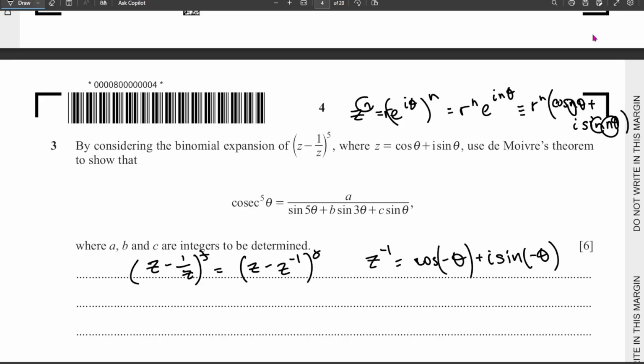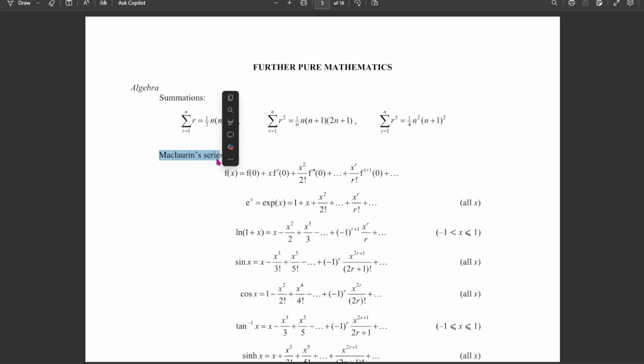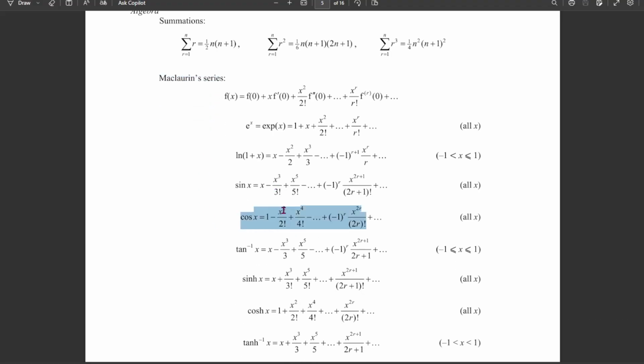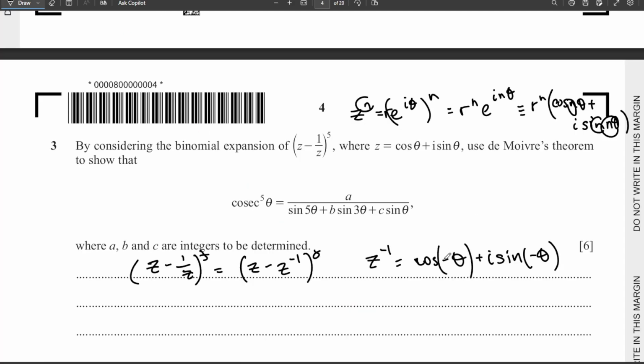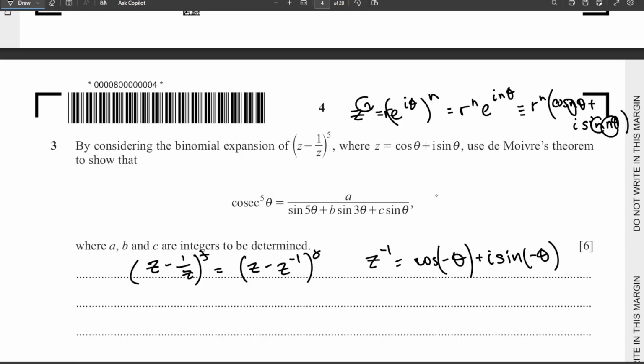From here, let's do a bit of simplification, because we know that cosine is an even function.